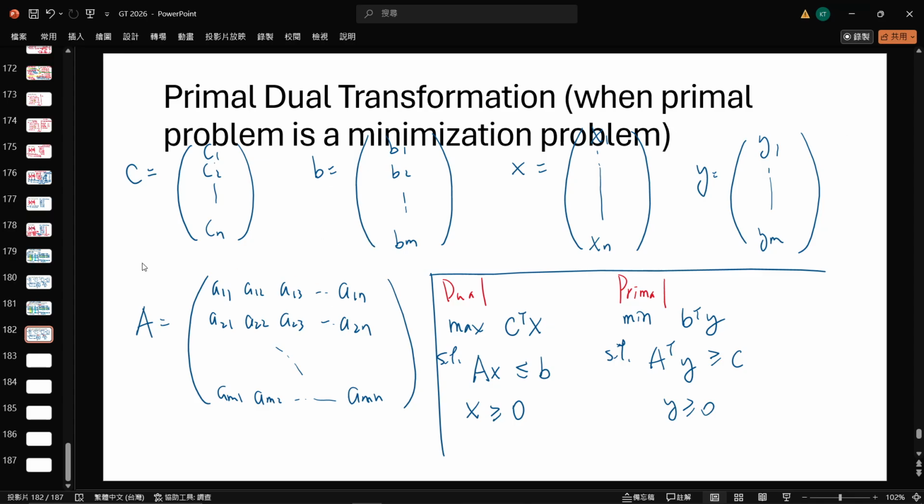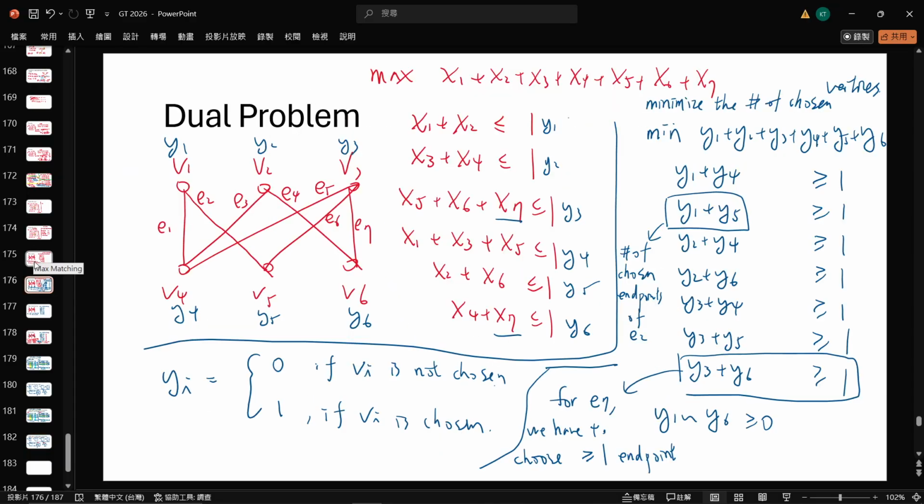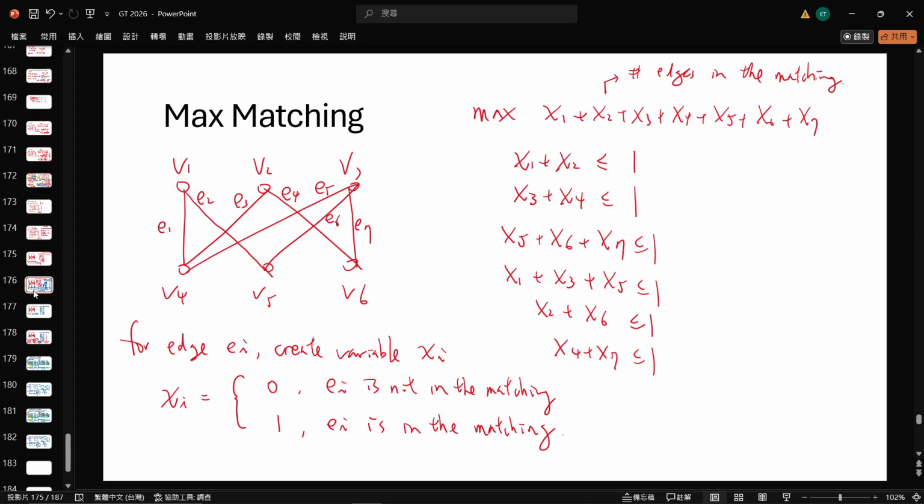Okay, I think I can give you a quick example showing that the same idea works even if the primal problem is a minimization problem.